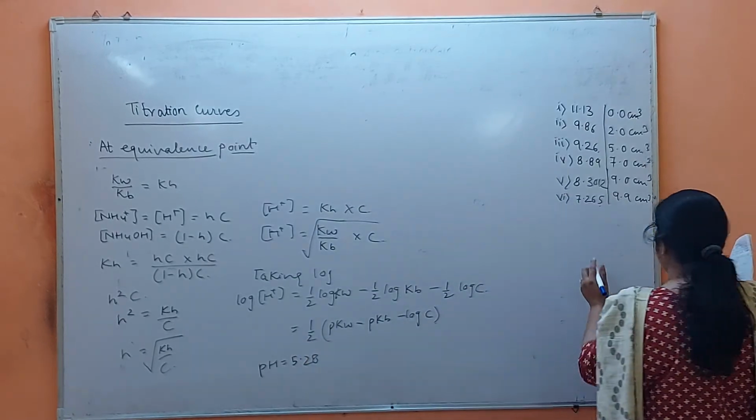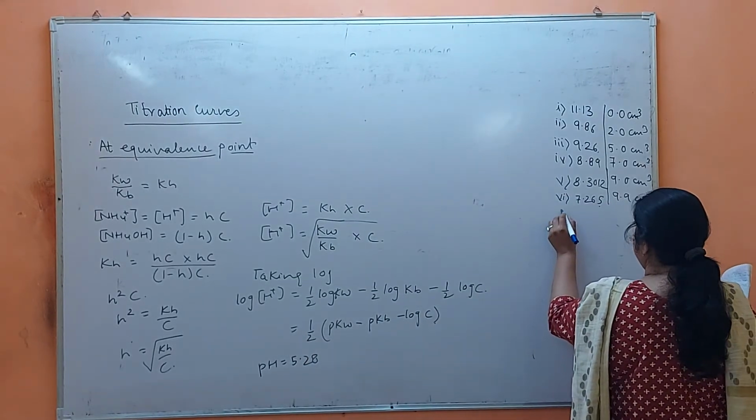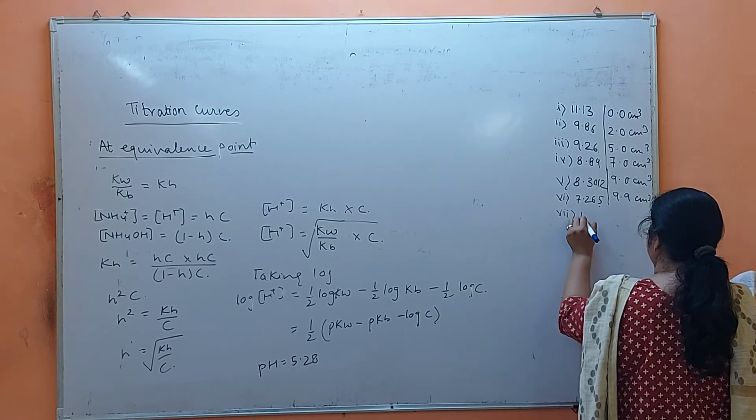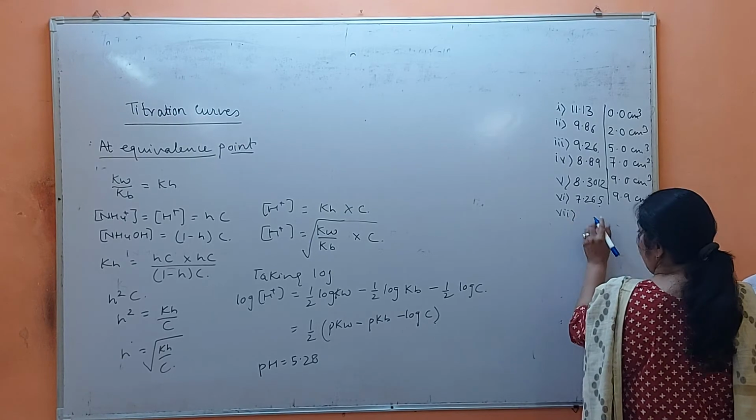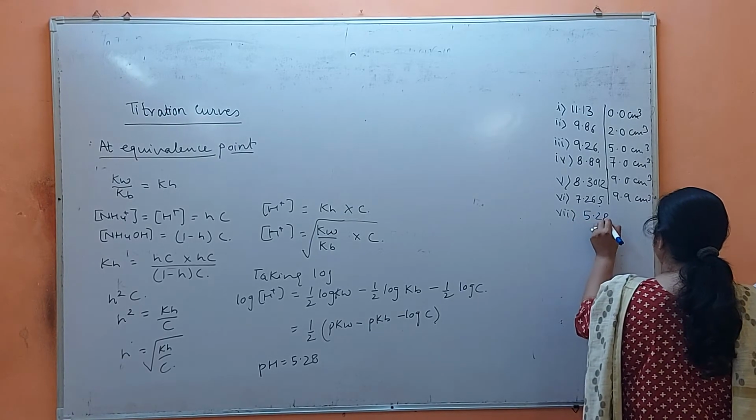So when we have added 10 cm cube, the pH is 5.28.